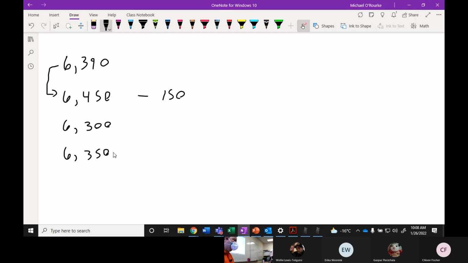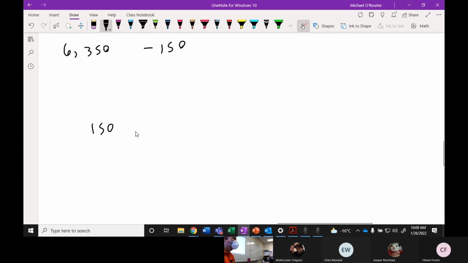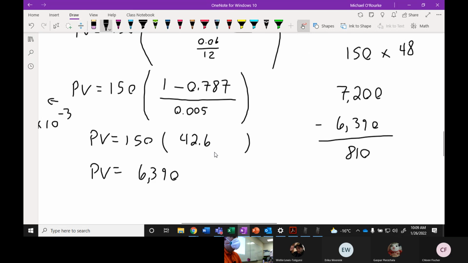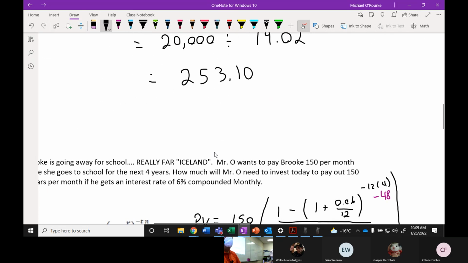So I'm making money, but as that's happening, I'm taking out chunks of money, so it's also going down in value. In the very last month, I'm going to have 150, and then Brooke's going to pluck the money tree dry, and we're going to be left with 0. Okay, so that was a longer lesson, but I think we understand the concept.